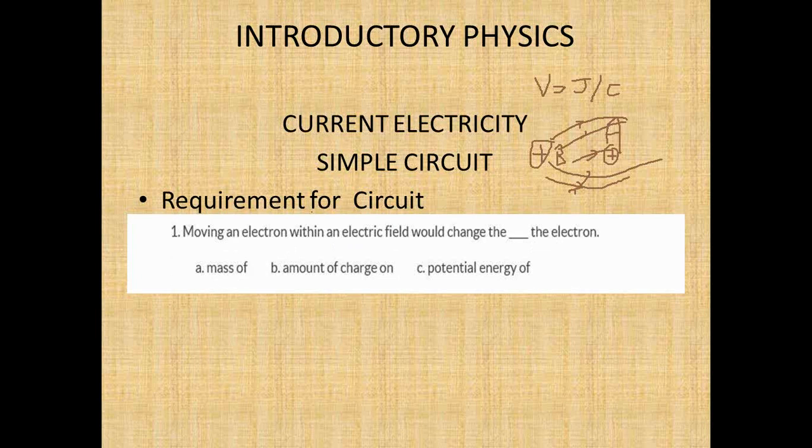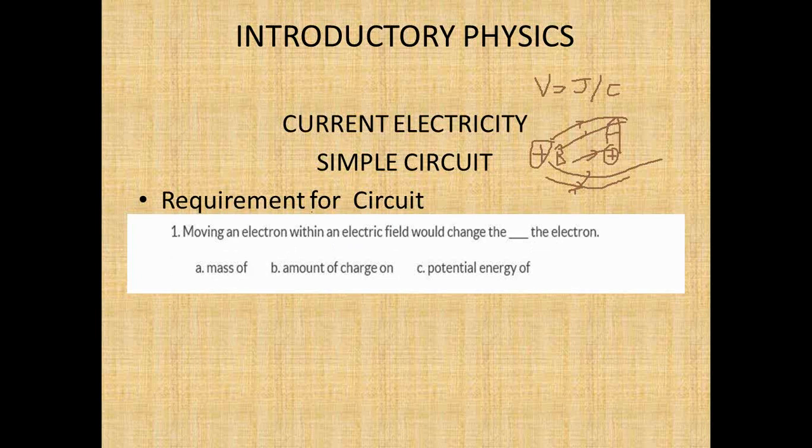By convention, universal convention, the positive charge is going to move from the high potential terminal to the low potential terminal, which is negative. But the electron is going to travel in the opposite direction. Remember, the electrons are going to travel in the opposite direction.